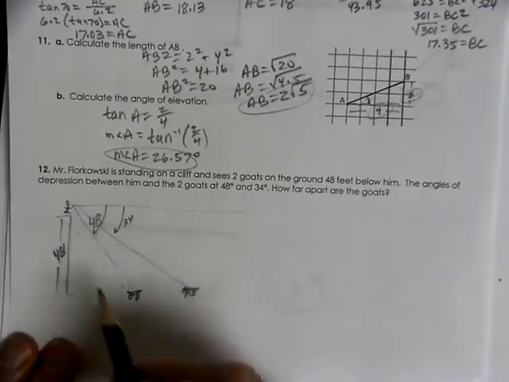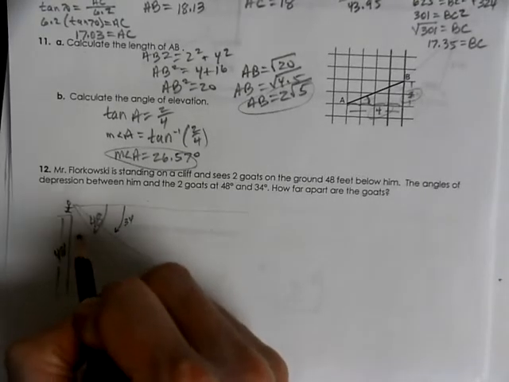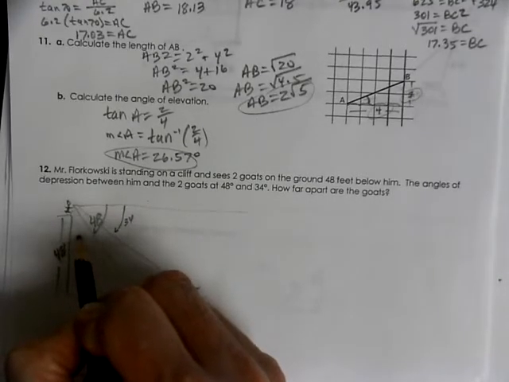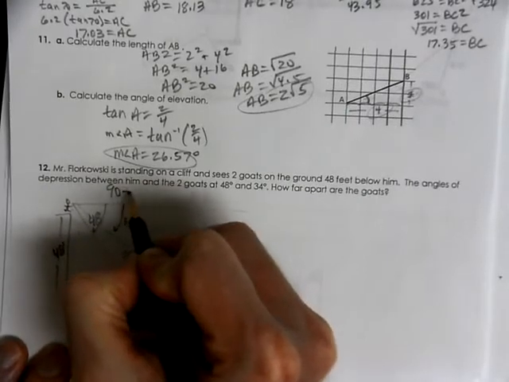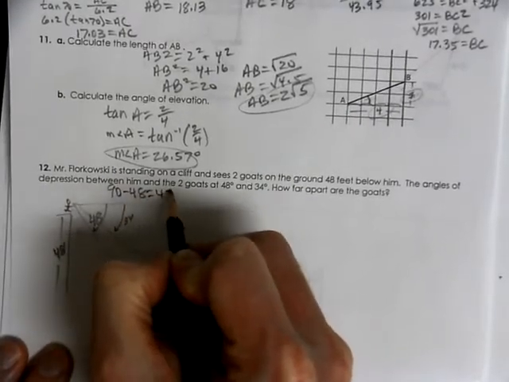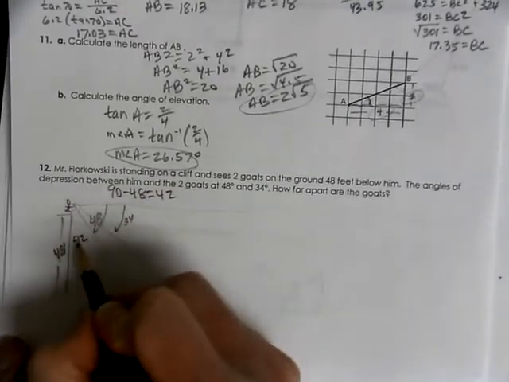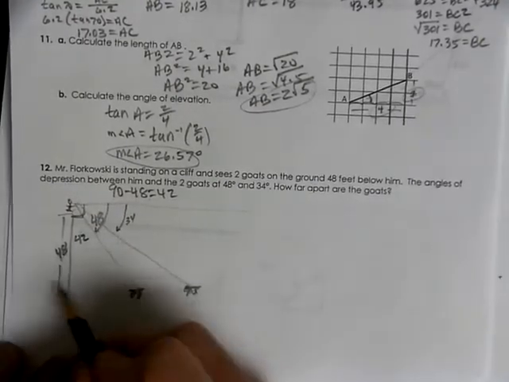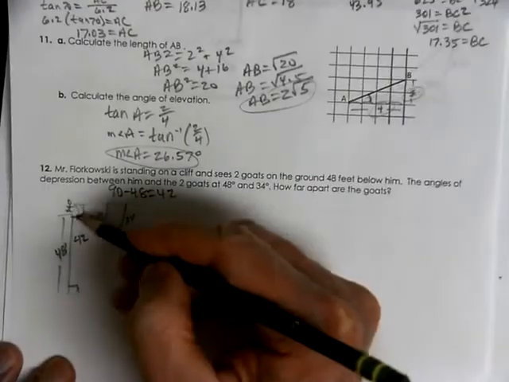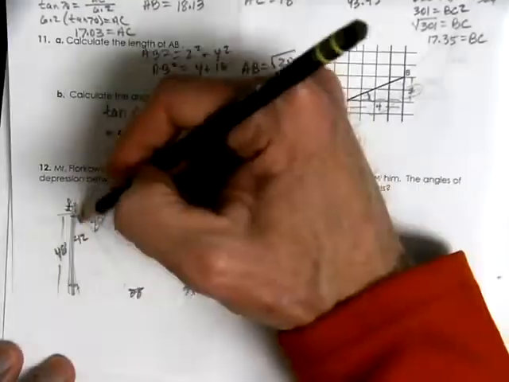But the common mistake is people calling this 48. That's not 48. That one's 48. So I'll say 90 minus 48 is 42. So this is 42 because we have a right angle. Now we have a triangle.